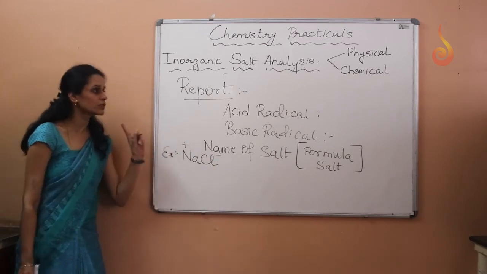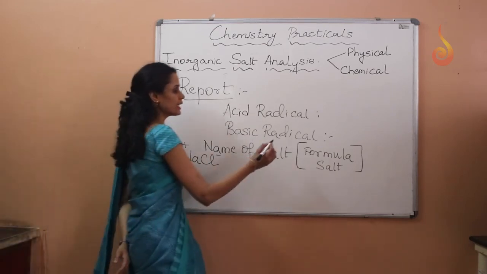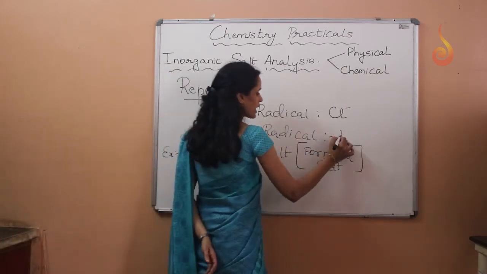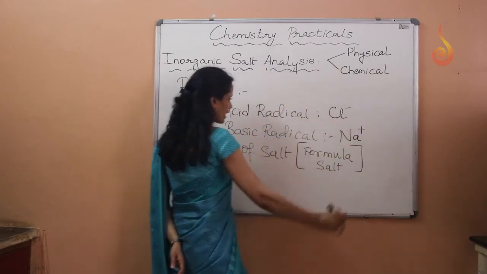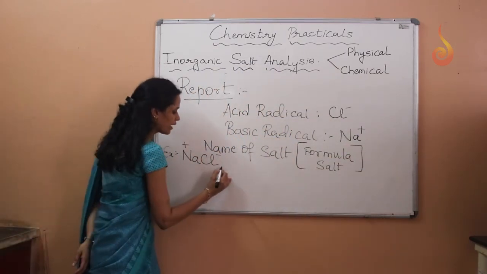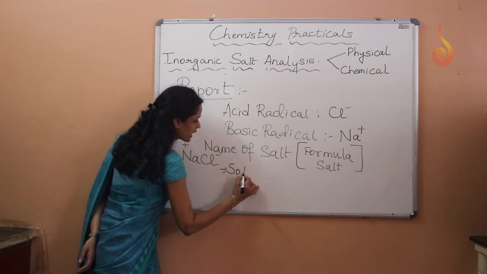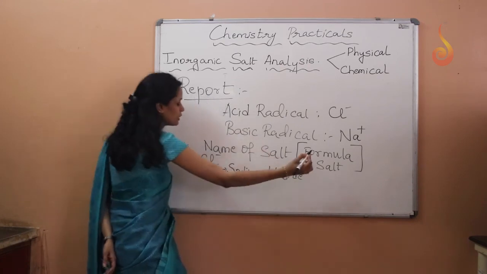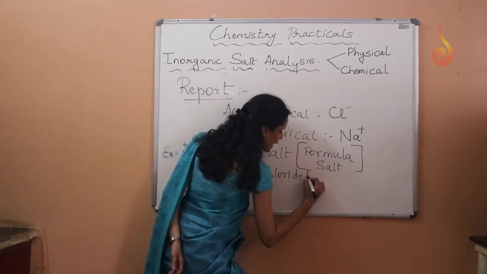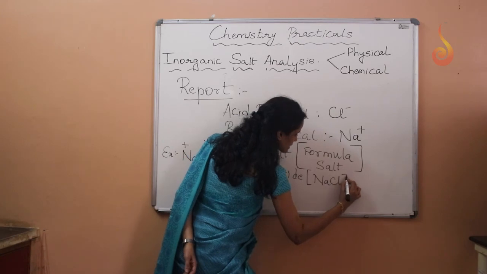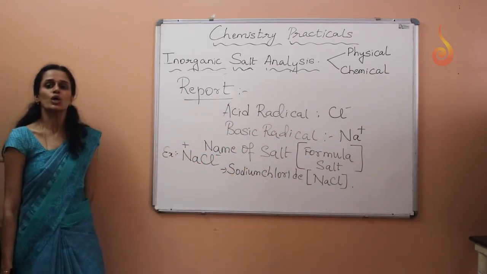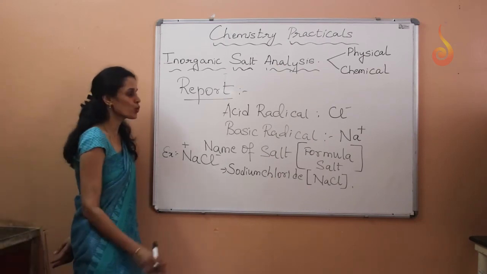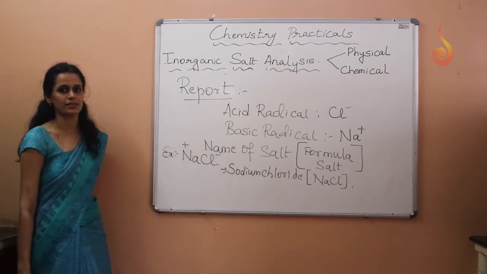So for sodium chloride salt, the acid radical is Cl minus ion and the basic radical is Na plus ion. The name of the salt will be written as sodium chloride, and the formula will be written as NaCl. This is how we will report the given inorganic salt once we are done with the entire analysis.